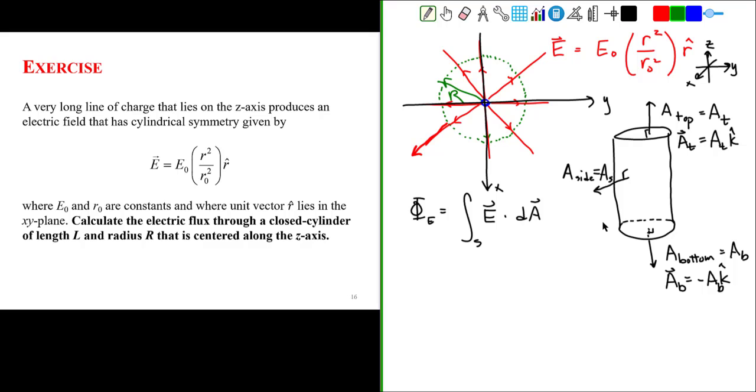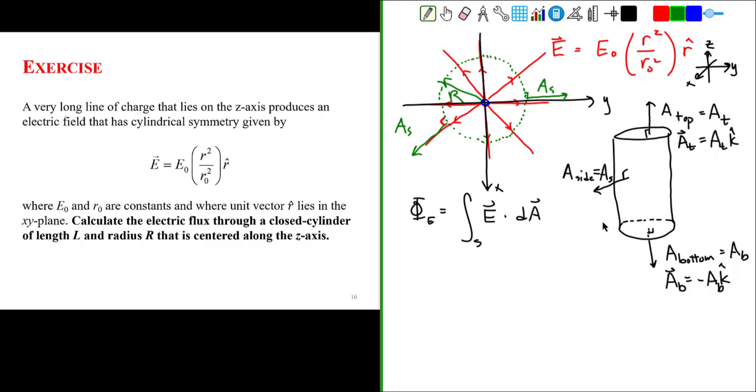So I'll indicate the area vector here, area of a side. But we could go to a different portion of the cylinder, and that's a different area vector because it's in a different direction. And so where you are on the cylinder matters. And you know what? I'm not even being 100% accurate, and I should be. The way I drew this, I drew an area vector at a particular point on the cylinder.